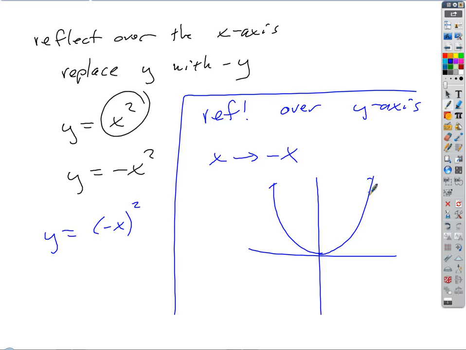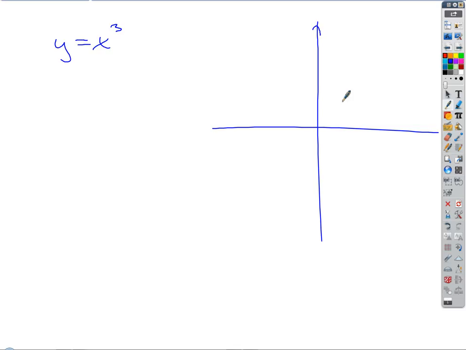But if I do something like, let's say, y equals x cubed, something like that, and I want to reflect it over the y-axis, I would just trade the x for a negative x. And if I simplify that, what do I get? What is the quantity negative x cubed?